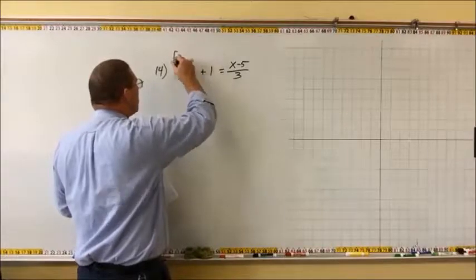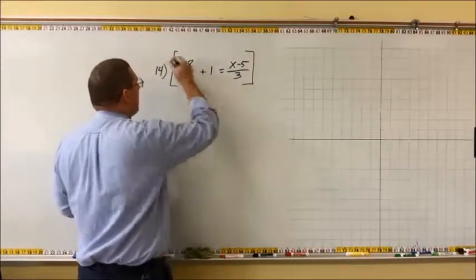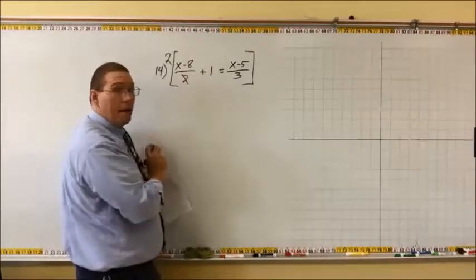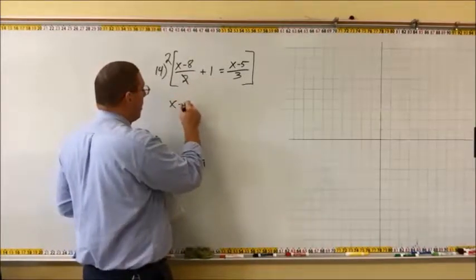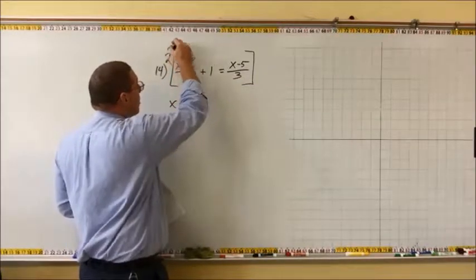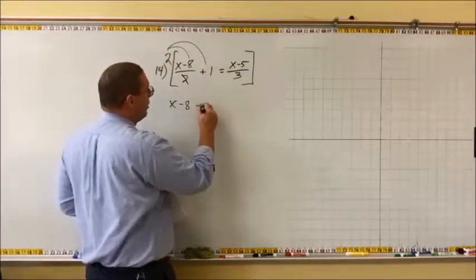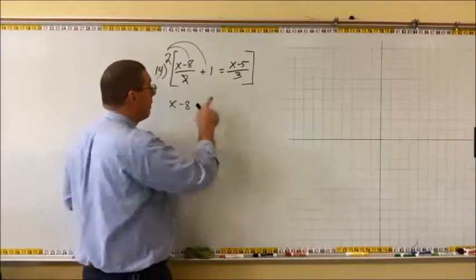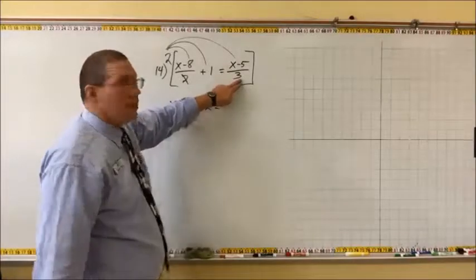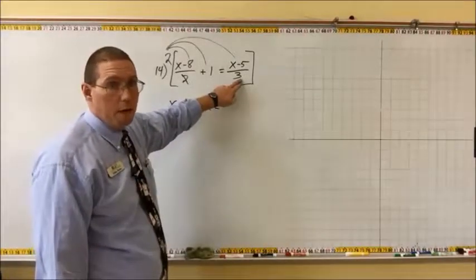We are going to multiply everything by 2. Here, it's going to cancel the denominator, bringing down x minus 8. Here, it's going to multiply by positive 1, giving us positive 2, equals. Here, we cannot cancel the denominator with a 2, we need a 3.